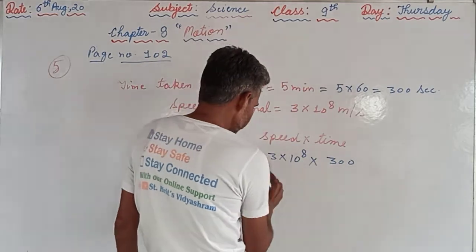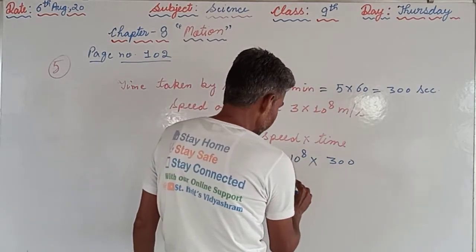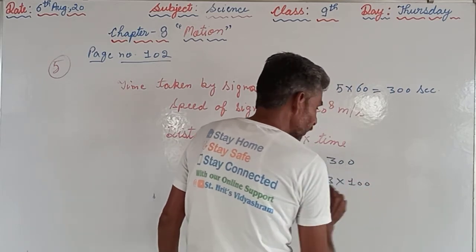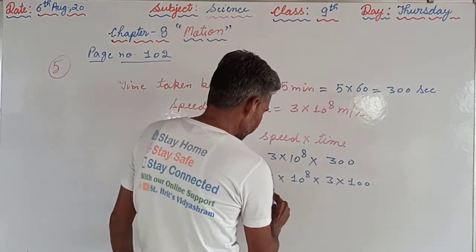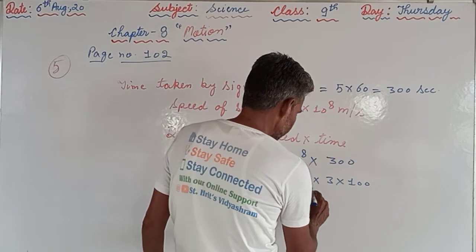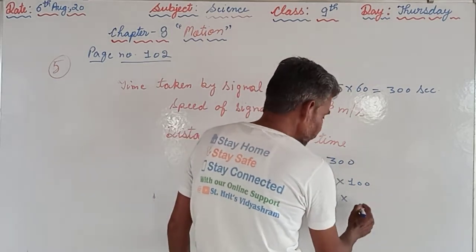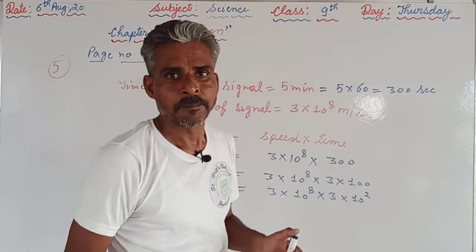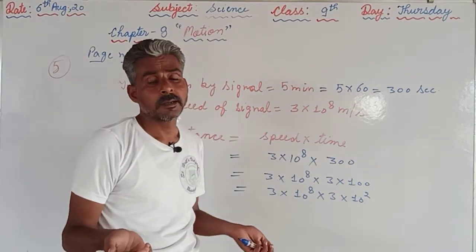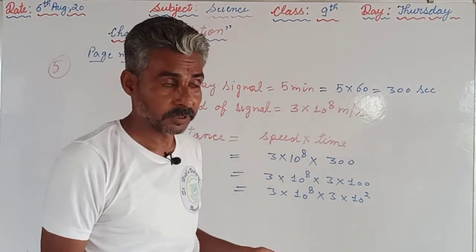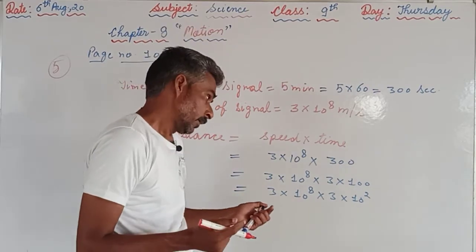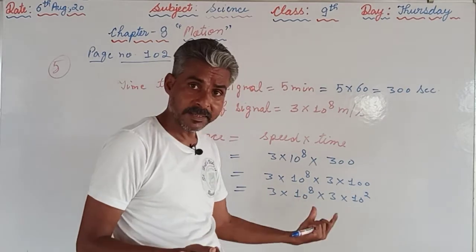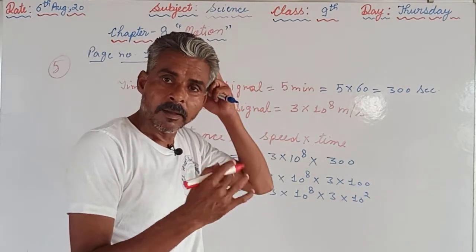So we will do 3 into 10 raised to power 8 into 3 into 100, and that can be 3 into 10 raised to power 8 into 3 into 10 raised to power 2, as 100 can be written as 10 raised to power 2. As you have already read in your maths syllabus, if the exponent terms have the same base, then we add the powers.